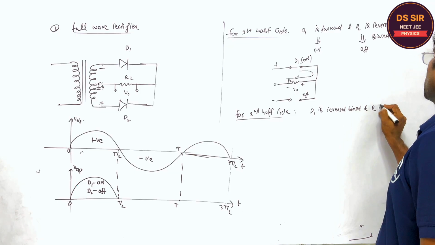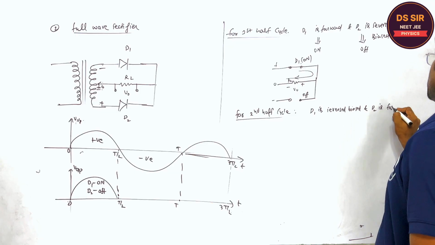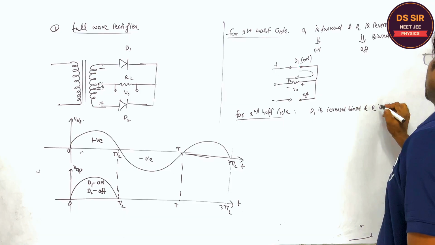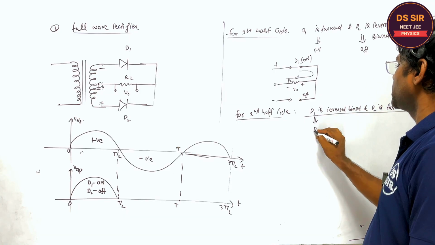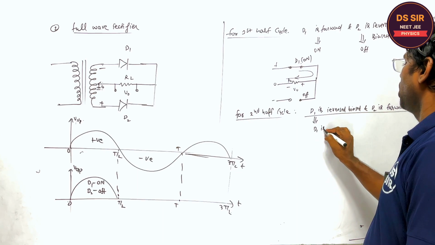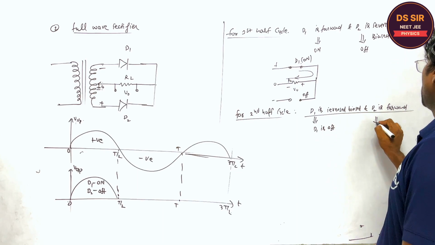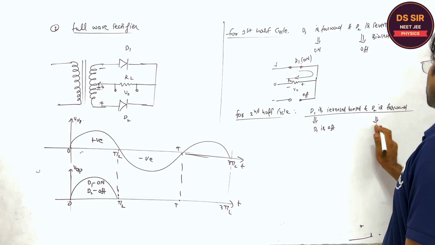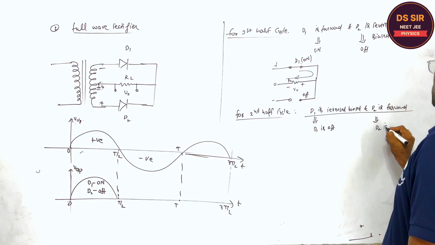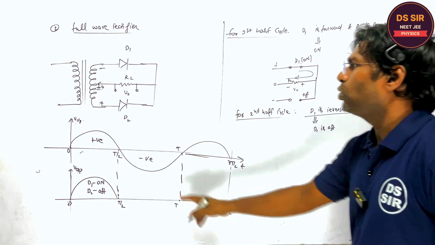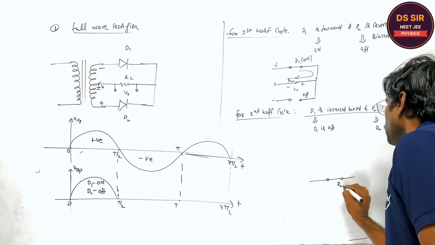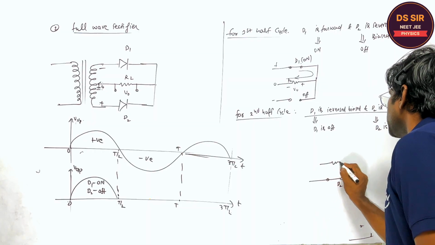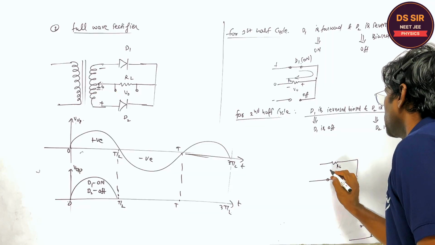And D2 is forward biased. So D1 is off and D2 is on. Do you understand? So how will the current flow? This is the D2 diode and this is the load resistance.